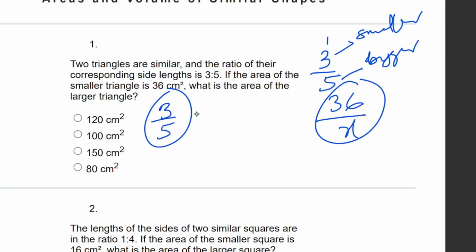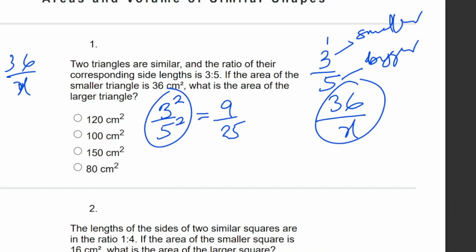So what do we do? We square it. So when you square, you have 9 over 25. So that means we're going to have 9 over 25 equals 36 over x. So we can then use this to find the value of x. So we have made the linear scale equal to the area scale. I hope I'm making sense. If it is volume, we cube.